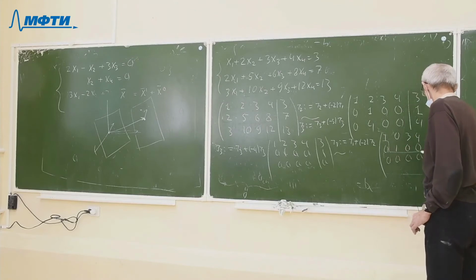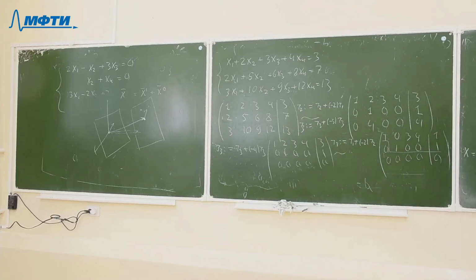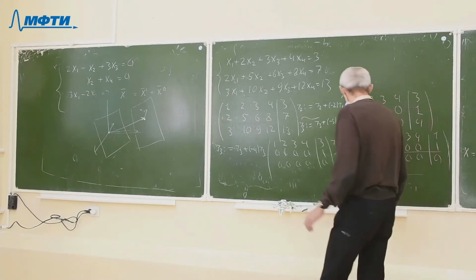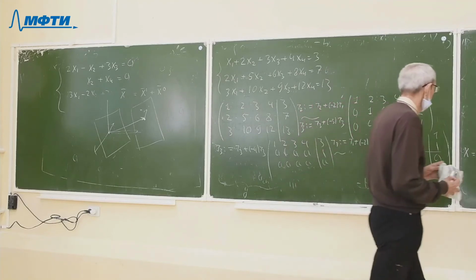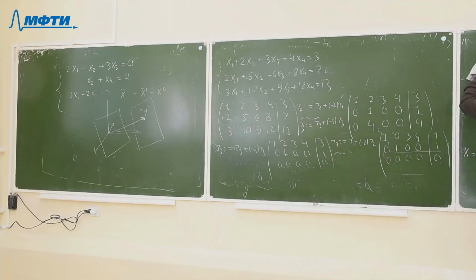We obtain the simple reduced echelon form. And after that we can obtain the general solution of this linear system.